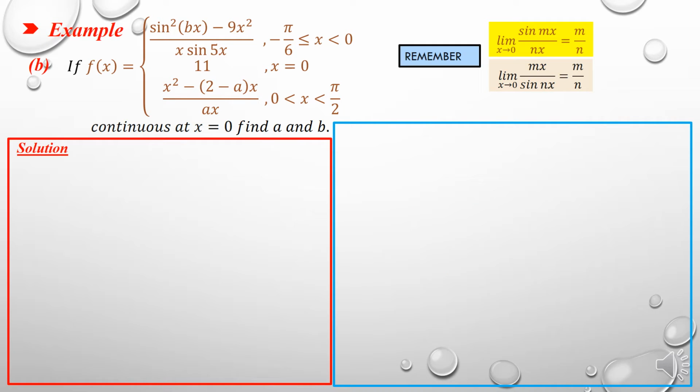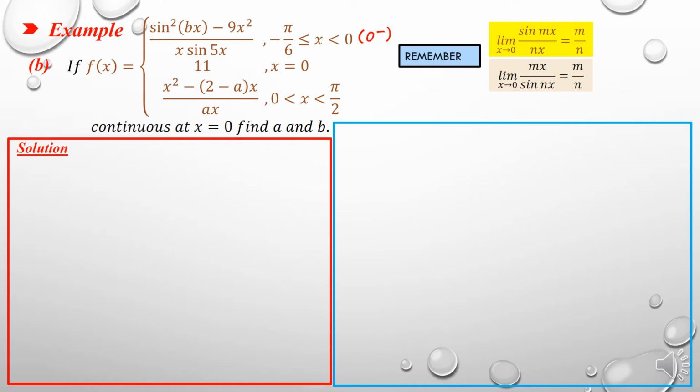In part B we have, as you see, the big function, and this function is a piecewise function around x equals 0. So 0 is common between the two pieces or the two intervals. As you see, we have x less than 0 here, which means 0 from left.